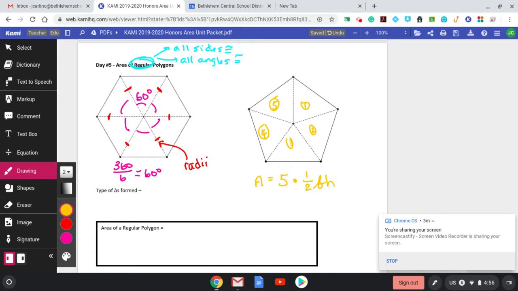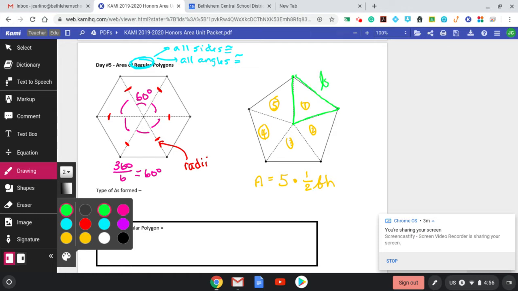Okay? So that's our plan for these notes: if you want me to find the area of something, I'm going to find how many triangles I can make, find the area of one of them, and multiply by how many there are. Now, before we get to an actual example, let's take one of these triangles. How would you find the area of the triangle? Well, it would be 1/2 base, and then I'm going to have to draw in the height from here. Height's always perpendicular, and we're going to have to find a way to find the height.